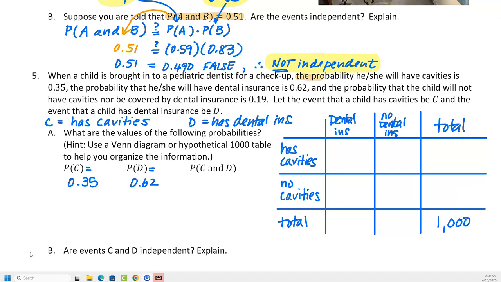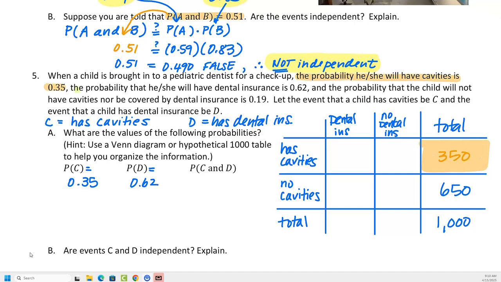So we know that the probability she has a cavity is 0.35. So has cavities, that's going to be the has cavity total here, and that's 0.35. So 0.35 of 1,000 is 350, which then tells me that this is 650, because they have to add to 1,000.